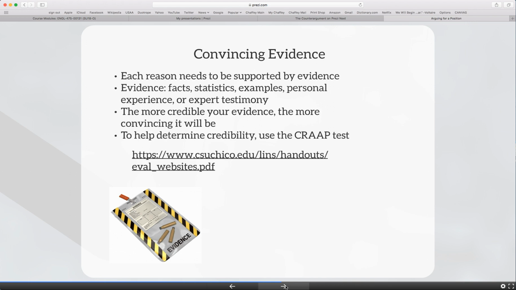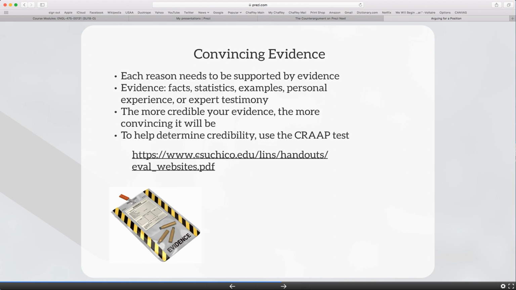The more credible your evidence is, meaning that if it comes from an expert, I'm more likely to believe it than if your friend John said it's true, right? So someone who's working and actively dealing with research or whatever is pertinent to that particular topic, I'm much more likely to believe that expert than just anybody else.